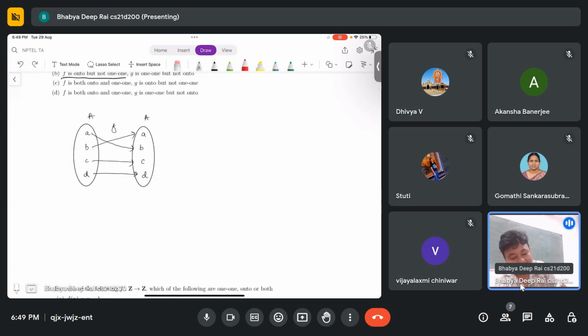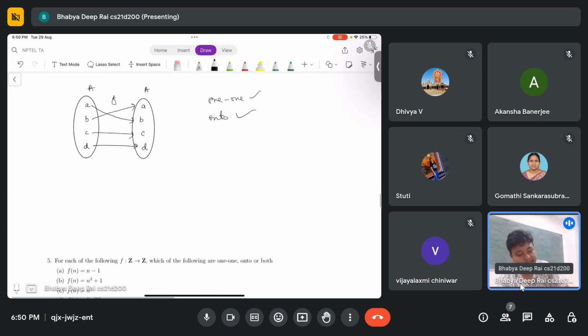So this is 1-1. Is it onto? Yes, it is onto because all the elements on the right side are getting covered. All the outputs are getting covered. It is onto. Let's see G. Let's try G.